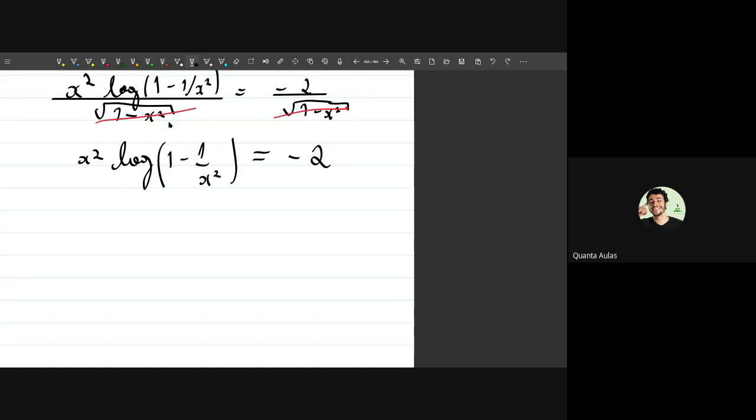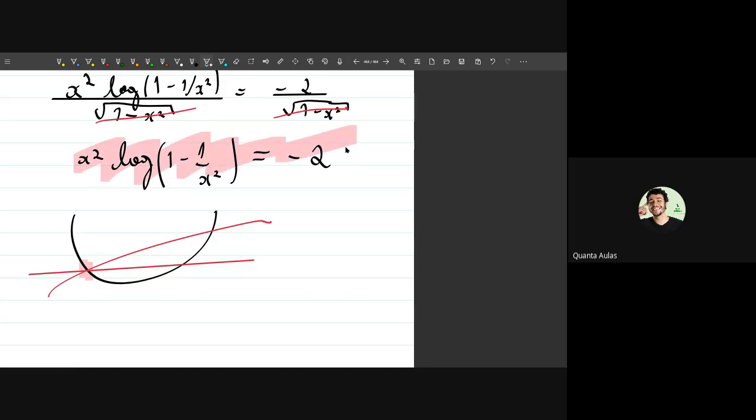calculus. For example, here we have an x square, here we have a log, here we have the line -2. So we have, for example, a point. We take these two things. This will be the answer. But we cannot isolate x because it's impossible to isolate x.